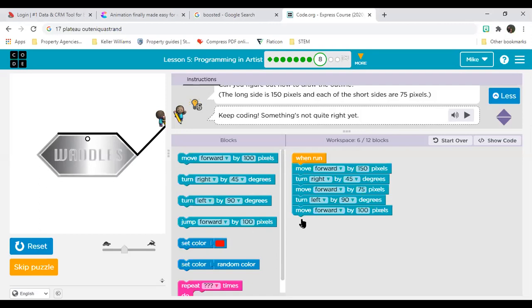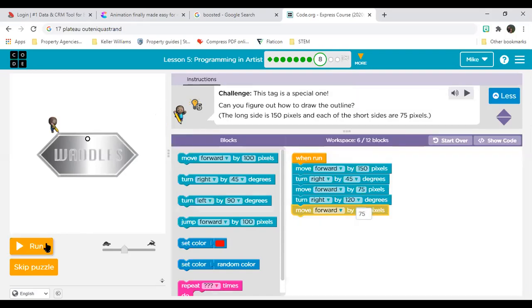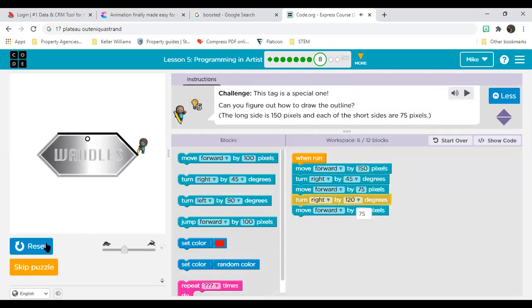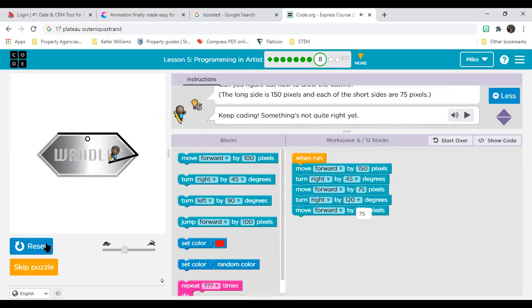Okay, so Bless said we are going to turn right by 120 degrees. And then we will move forward again by 150. No, 75. Sorry, our short sides are only 75 pixels. Let's reset and run. Now, what happened there?